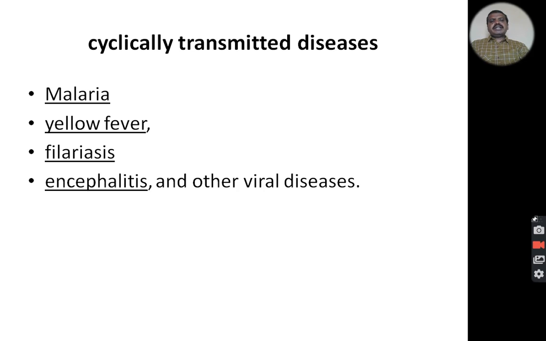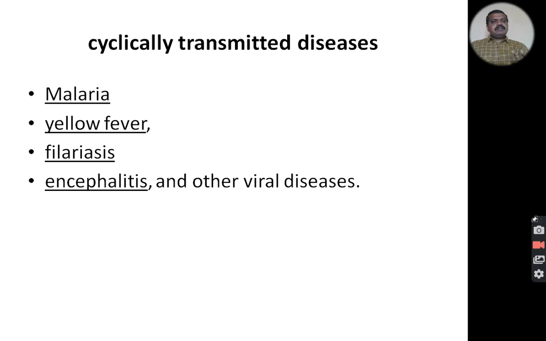Cyclically transmitted diseases include malaria, yellow fever, filariasis, encephalitis and other viral diseases, where once the disease-causing agent enters the body of the vector, it undergoes some sort of development.